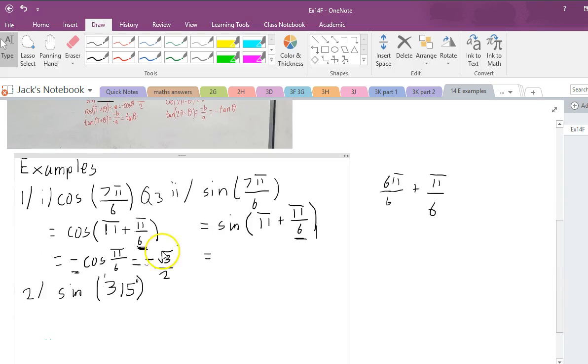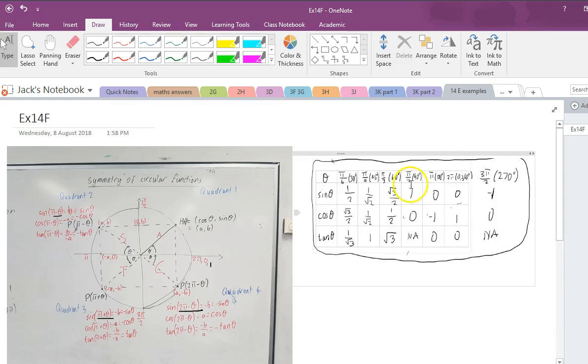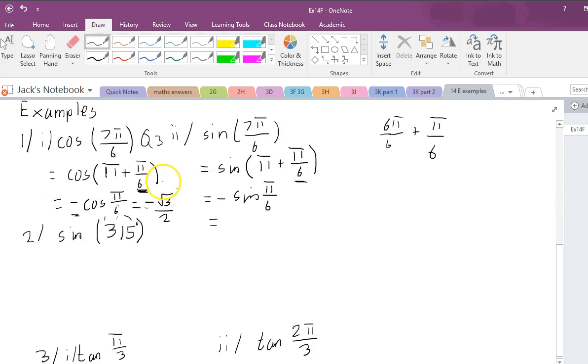So tan is the only positive one in quadrant 3. So that's negative sine pi on 6, which is equal to, go back up, sine of pi on 6 is just a half, so this is negative a half.